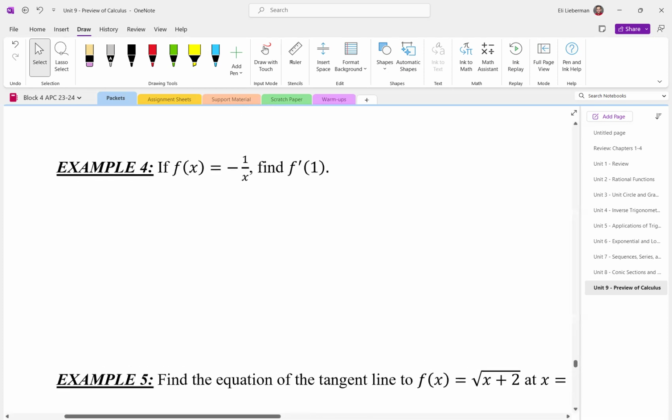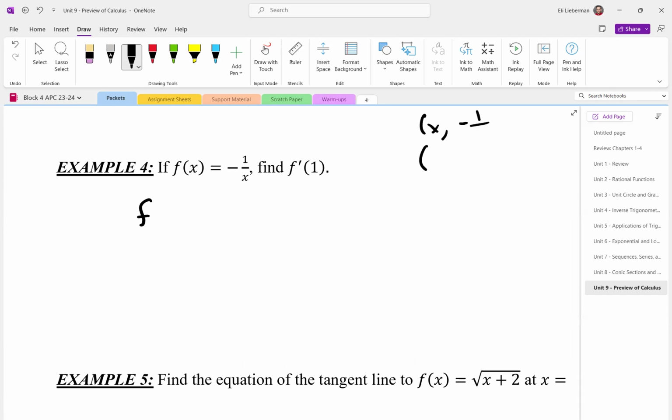So the first thing I did was I started with points, like we did with the other ones: x and -1 over x, and then 1 and -1. Okay, so you have x comma -1 over x and 1 comma -1, you said? Does this seem like a good place to start? I like what you're doing.